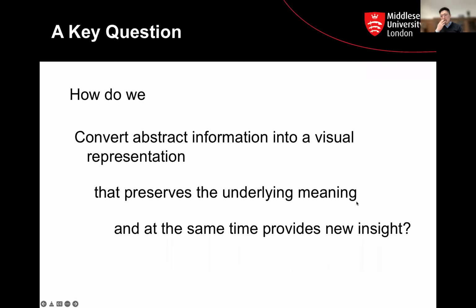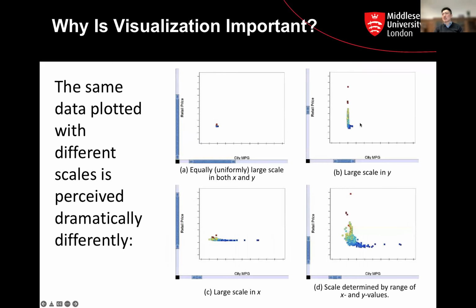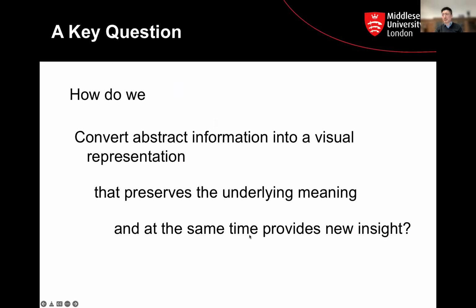So this is something we didn't really discuss too much before, to make sure the visualization actually does not distort the data, like the ones we've seen before, and then provides some new insights. So something people cannot see directly just by looking at the raw numbers.